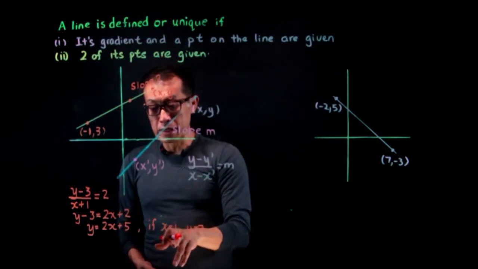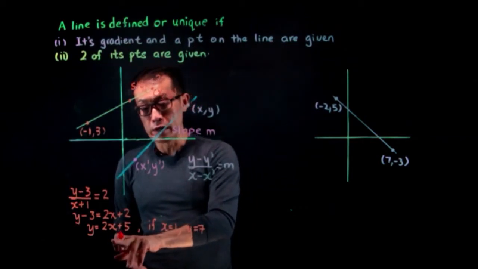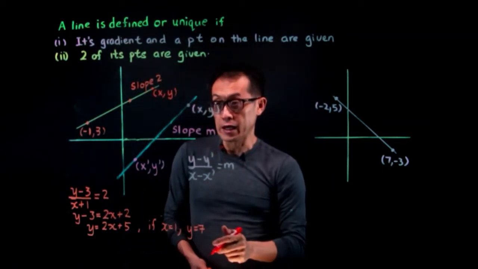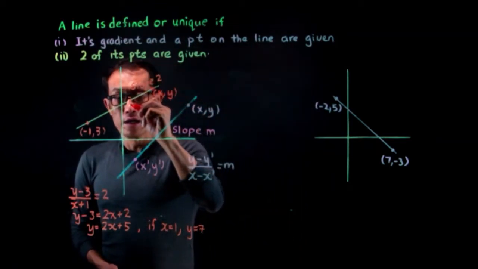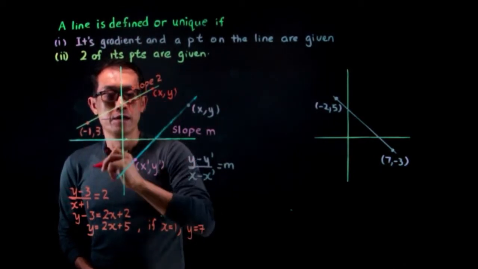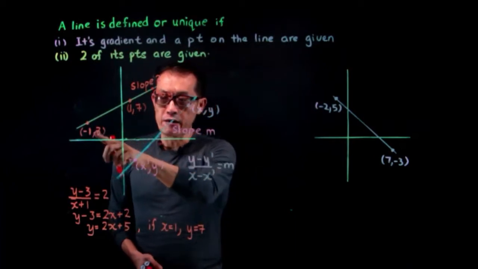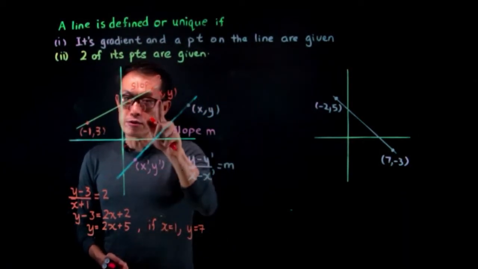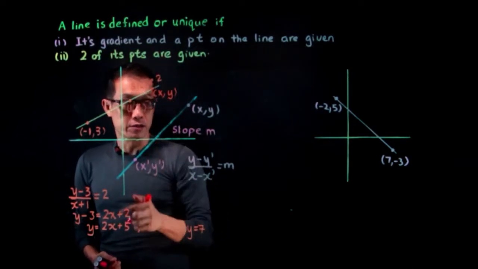We get (1, 7) by substituting x equals 1 here. So definitely (1, 7) is on the line. So let's say this point is (1, 7). Now imagine that instead of (minus 1, 3), the point (1, 7) is given. Now let's see if we get the same equation.